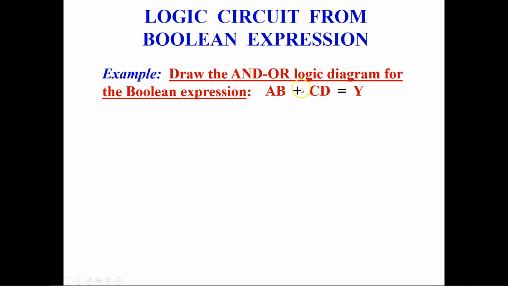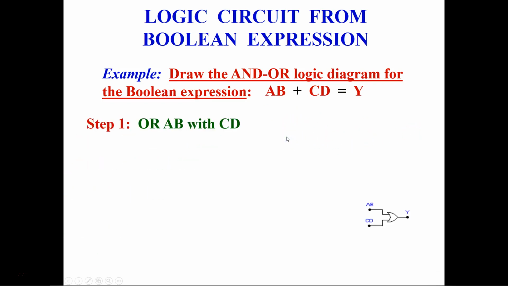Which means the main gate is your OR gate. Then this will be taken as one input. You can take it as x1, and you can take this one as x2. So you have AB equals x1, CD equals x2, so x1 plus x2 is equal to Y. So we have an OR gate which has two inputs, x1 and x2, and Y is the output.